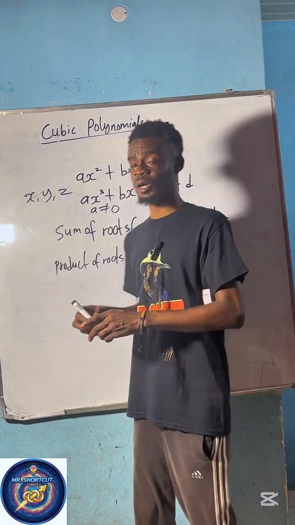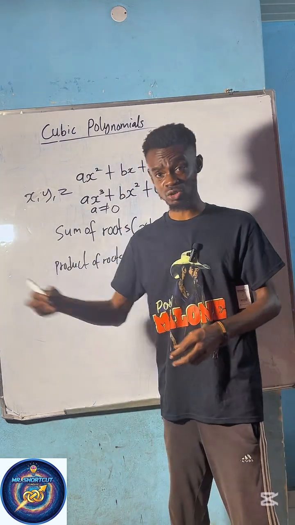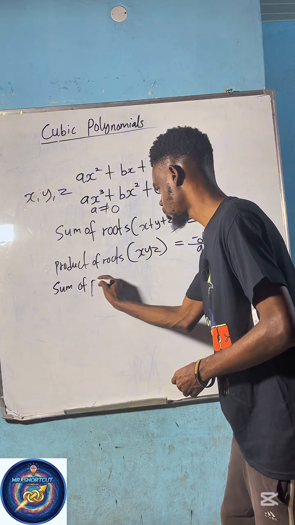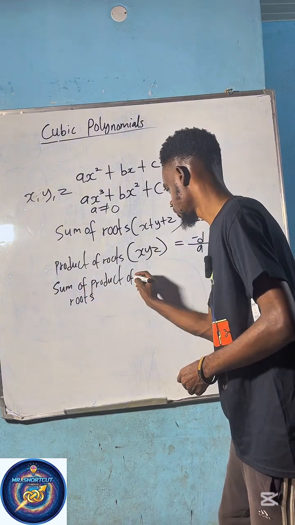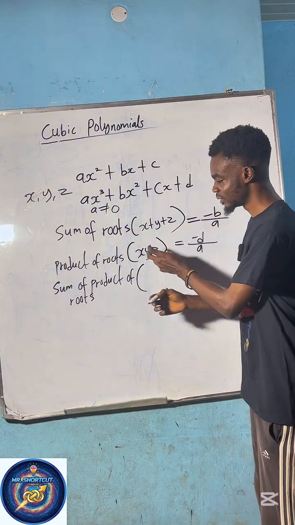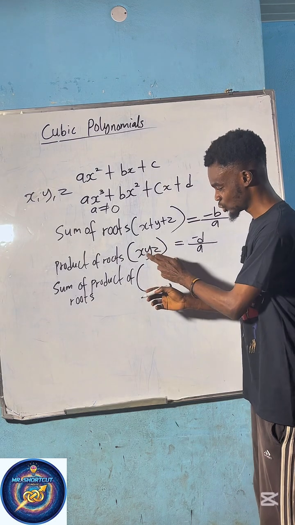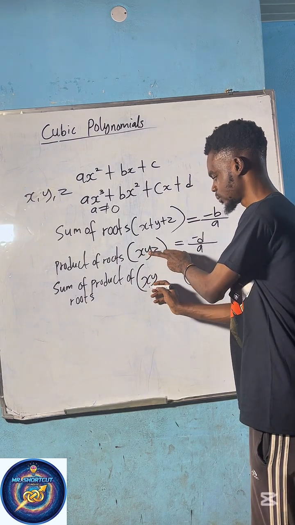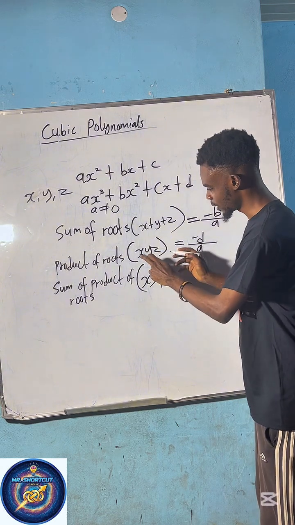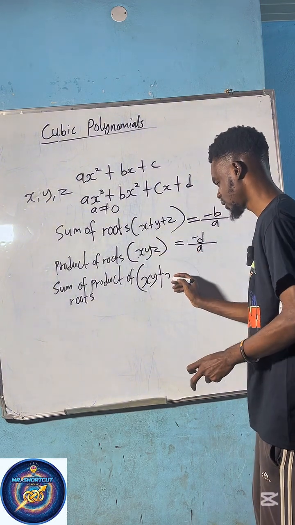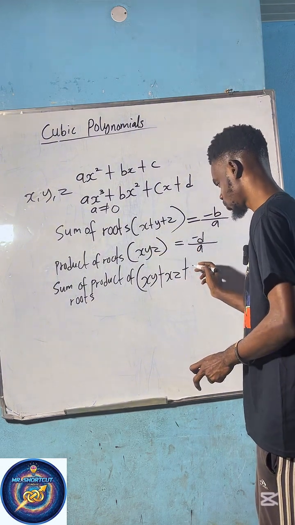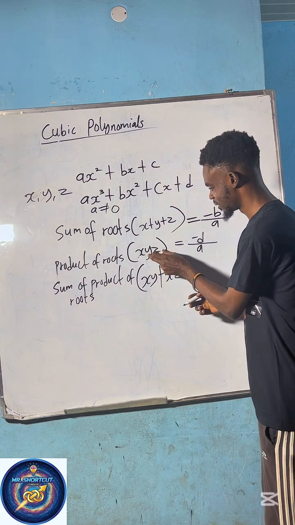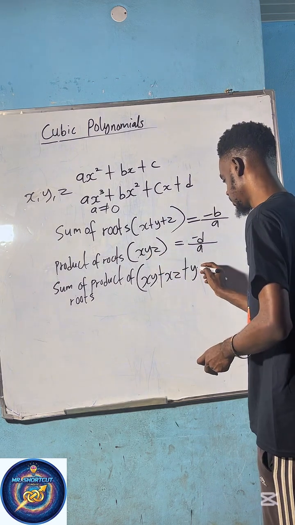We have another formula which we call the sum of products of roots. We get that by multiplying the roots in twos. So if we multiply x and y, we have xy, plus if we multiply x and z, we have xz, plus when we multiply y and z, we have yz.